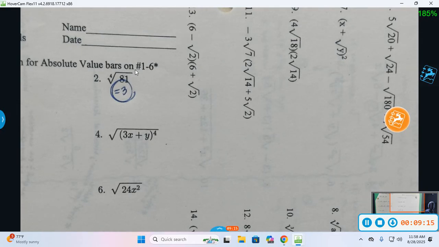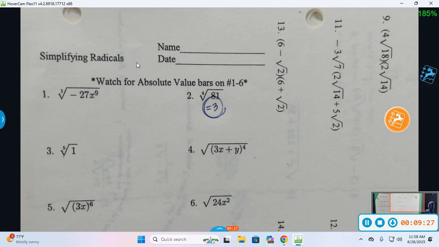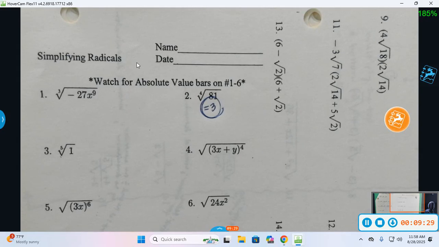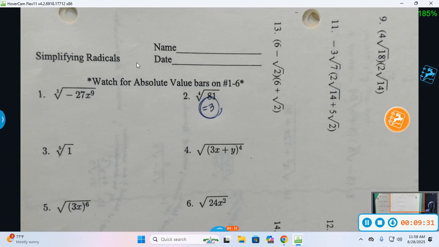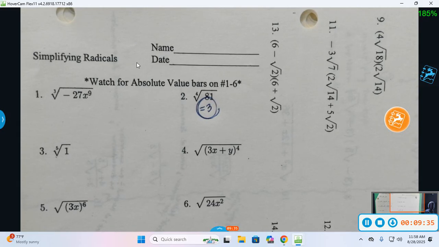We're only going to do a couple on this worksheet. I actually made a worksheet right hot off the press before I came to class today. Same thing for number 3. Now, this one's easy because the 5th root of 1, 6th root of 1, 10th root of 1, millionth root of 1, 10 zillionth root of 1 is still 1. But the point is, do you know how to use the chart?